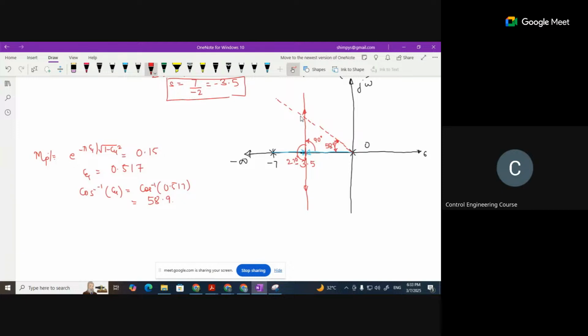Now see where this zeta equals 0.517 line is intersecting our root locus. And that point of intersection which is obtained is used to find out the dominant roots.